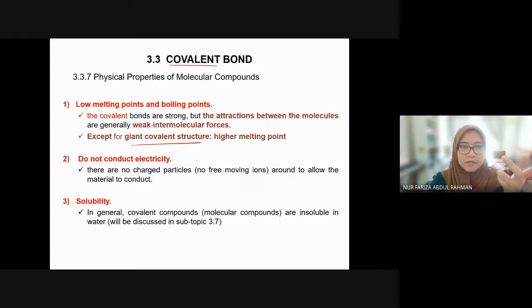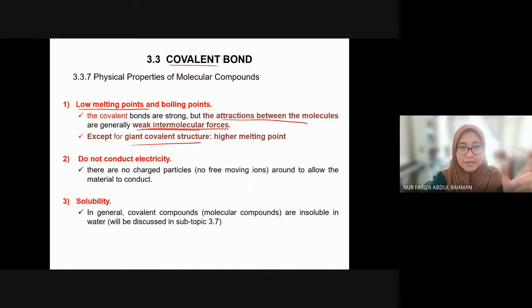Normal covalent bond, they usually have lower boiling point and lower melting point because the attraction between the molecules are generally weak intermolecular forces. Compared to ionic, ionic kan dia memang positif, memang negatif, so they attract stronger, compared to molecular compound that does not have that permanent charge. Okay, that's why they're weak intermolecular forces. There are forces but not as strong as ionic.